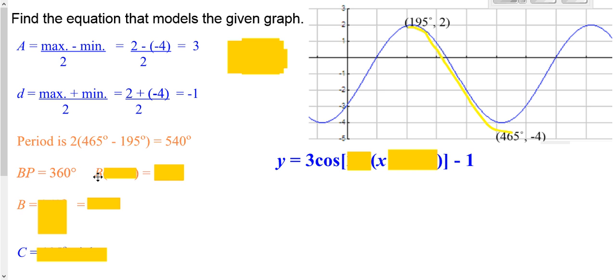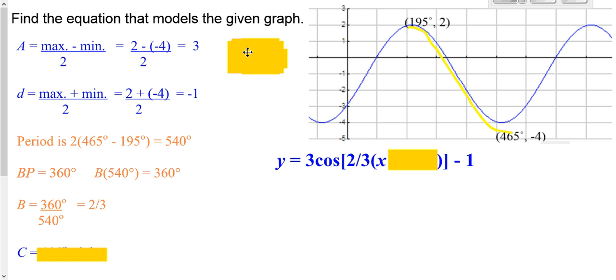We're trying to find our b value. We just figured out our period, which is p, and that was the 540. So I'm going to put 540 there, and that's going to be equal to my normal period of 360. So now I have to get b by itself by dividing by 540. 360 over 540 is 2/3. So that's my b value. So that's what I'm going to put right here.